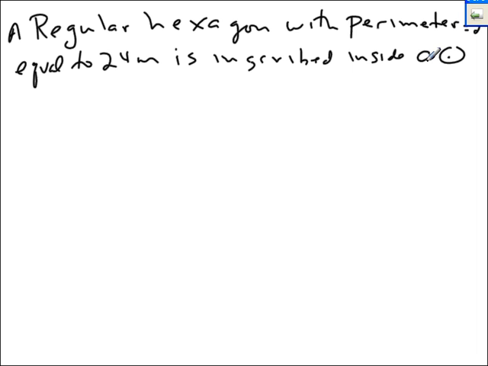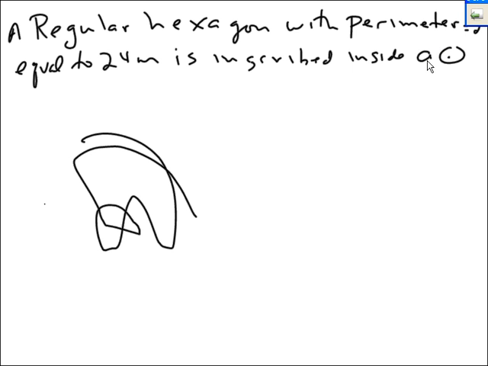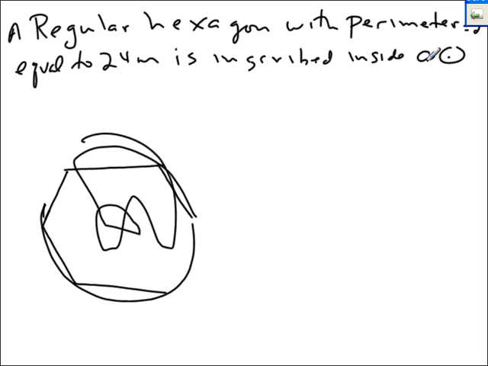So basically you have a 6-sided figure inscribed. Just try to get a more round circle. One, 2, 3, 4, 5, and 6.